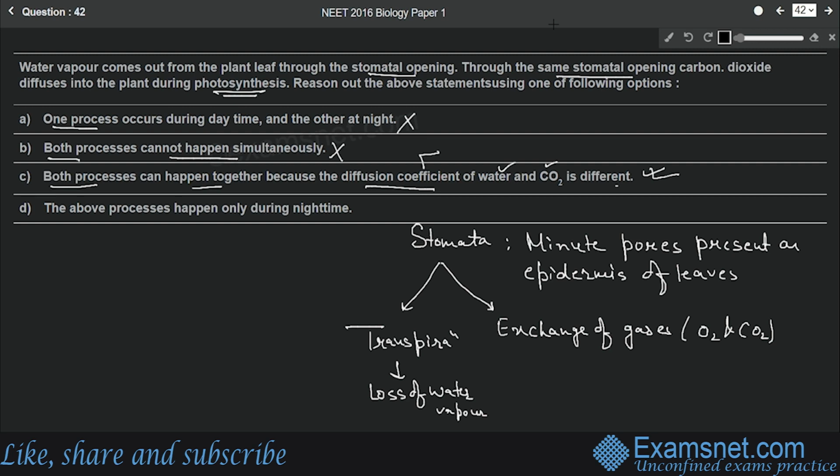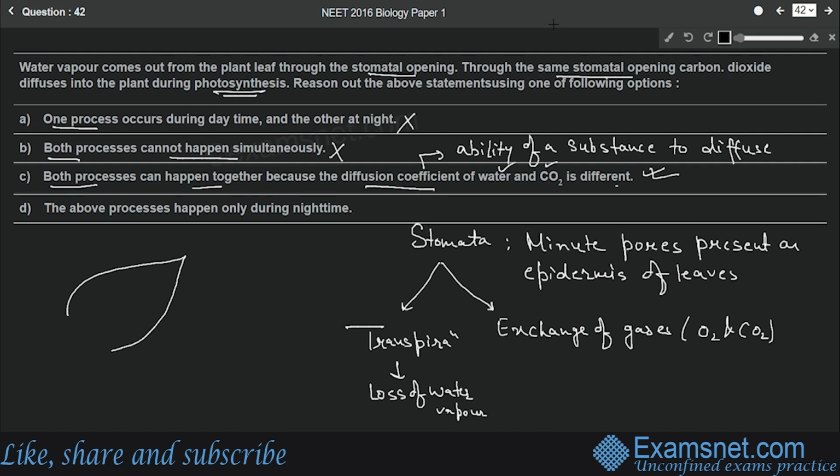Okay. It represents the ability of a substance to diffuse through some medium. Okay. For example, if we talk about water and carbon dioxide, then suppose this is the leaf of a plant.